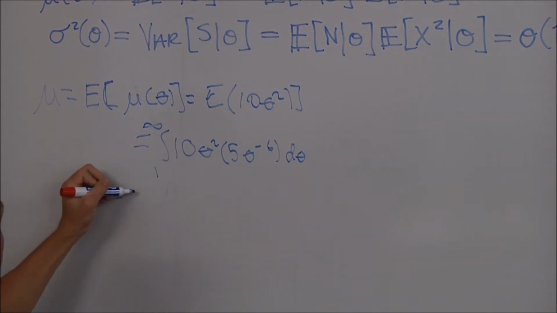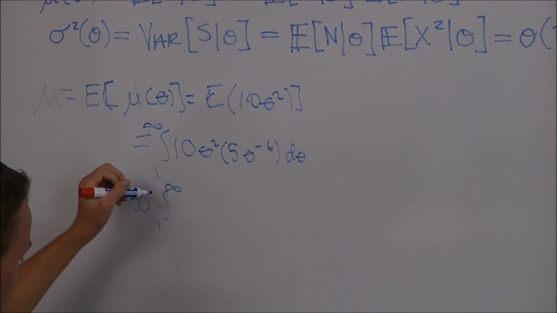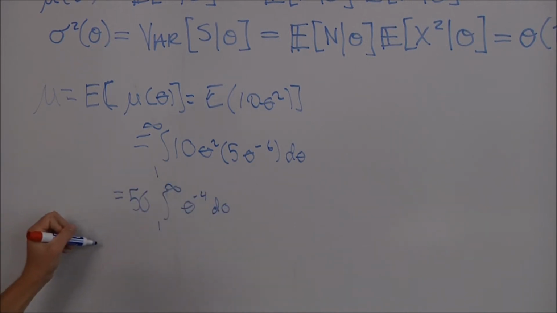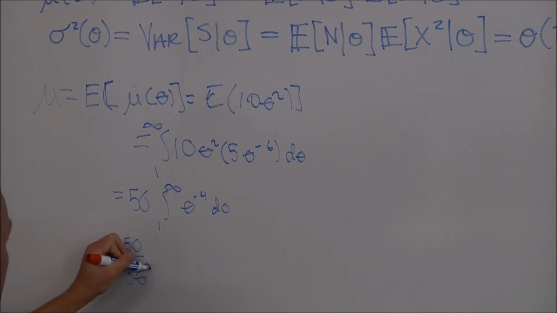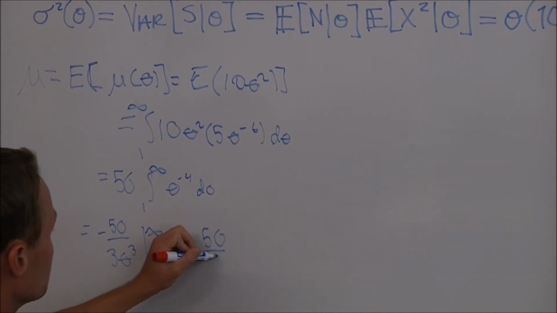And that simplifies to 50 times the integral of theta to the negative 4th, which simplifies to negative 50 over 3 theta cubed from 1 to infinity, which just becomes 50 over 3.